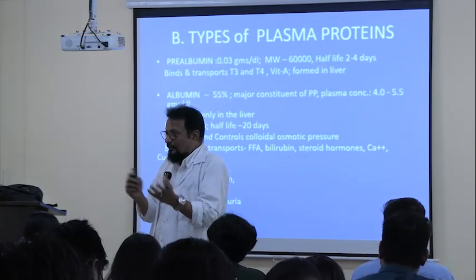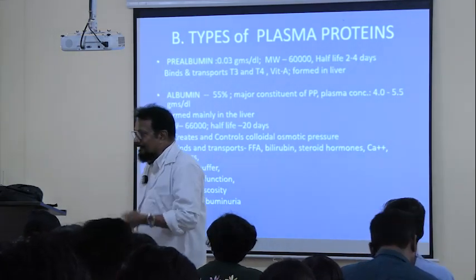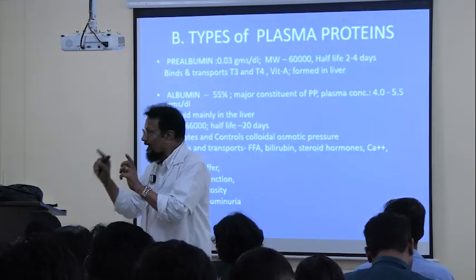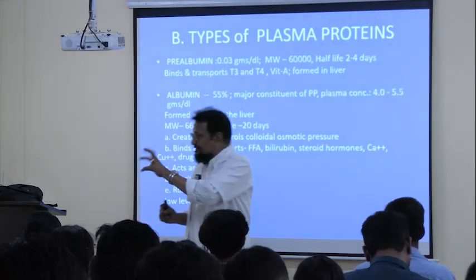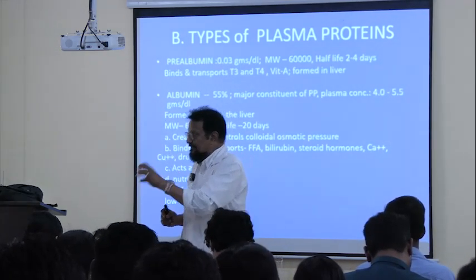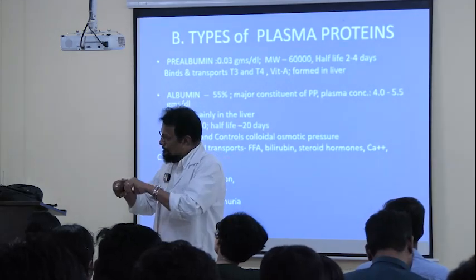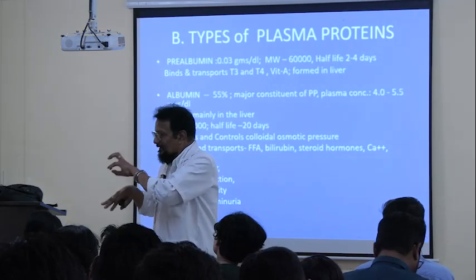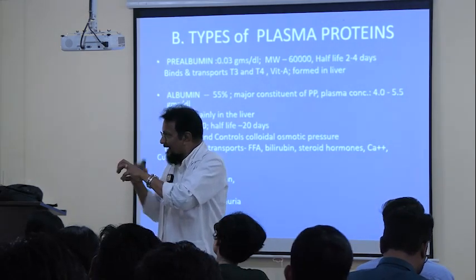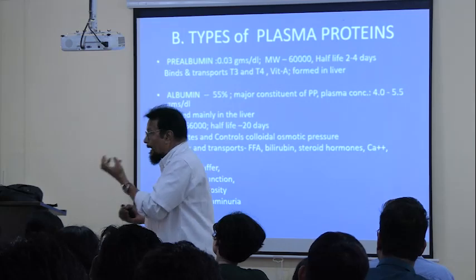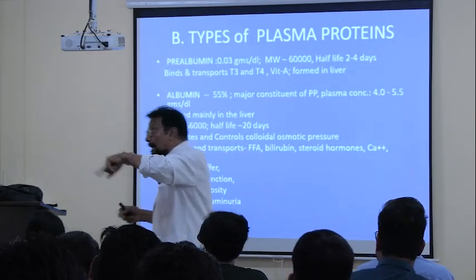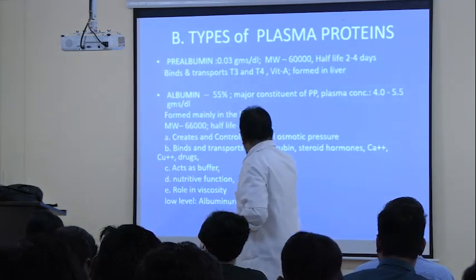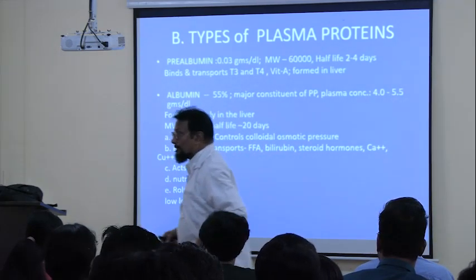Any dead cell present in blood will be captured by the spleen and disintegrated. So when dead RBC is taken up by the spleen, the spleen will destroy it, keep the iron, and liberate the heme part, the colored part. That is the source of bilirubin.